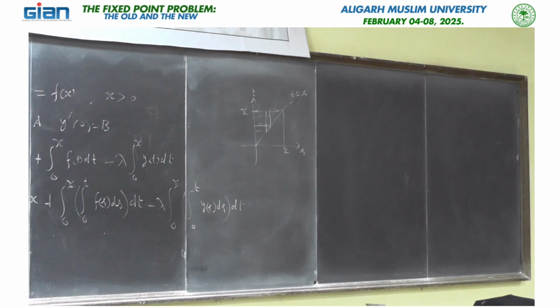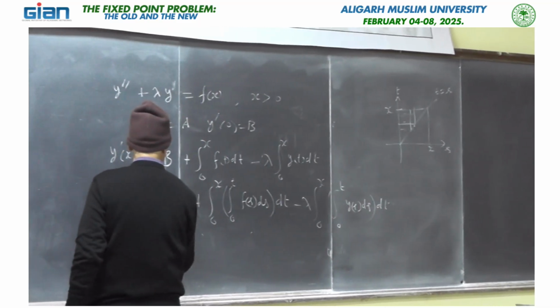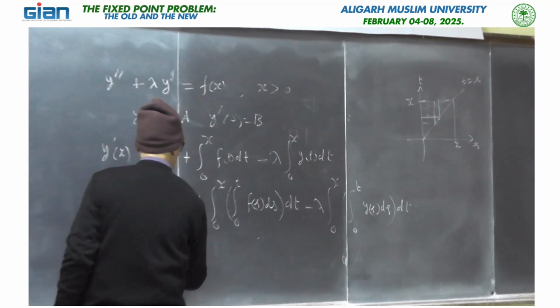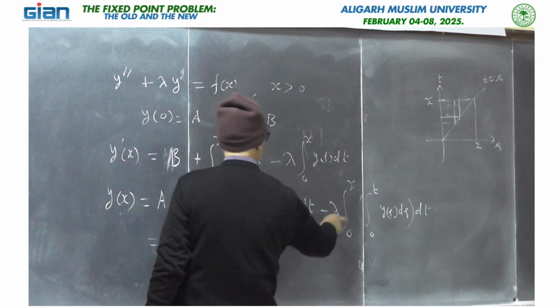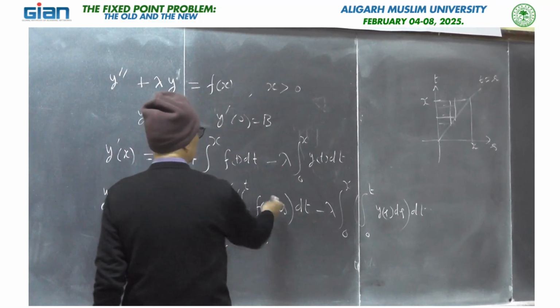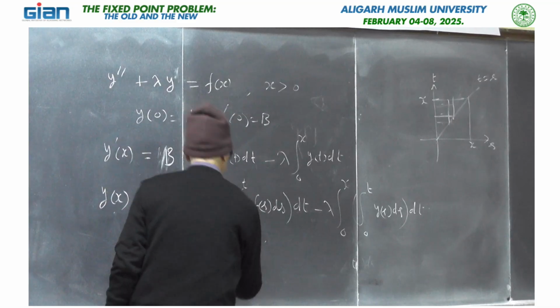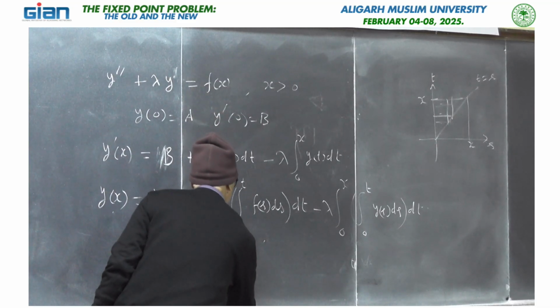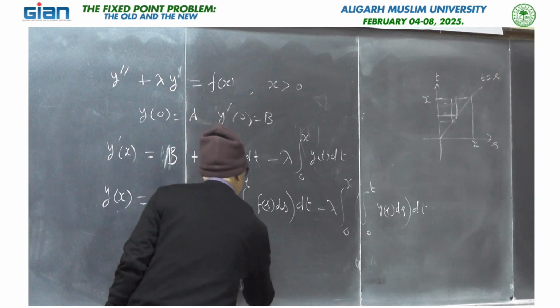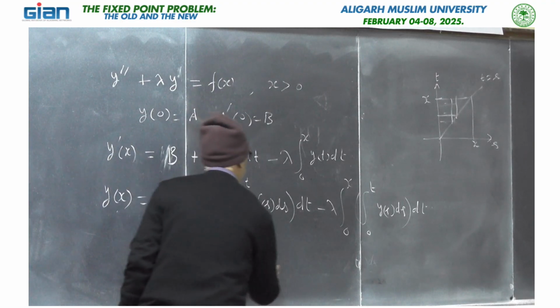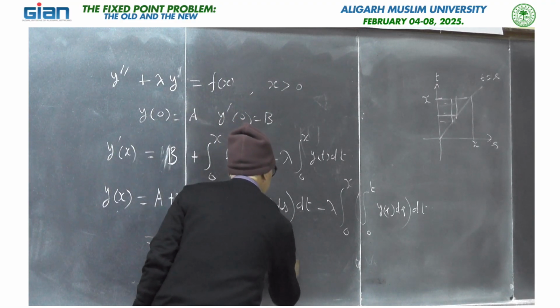So, the change of order of integration will lead to this: a plus bx plus the integral from 0 to x. Now s goes out, t comes in. There is nothing there as a function of t. So what you will have is simply the integral from s to x of dt, and you have f(s) ds.